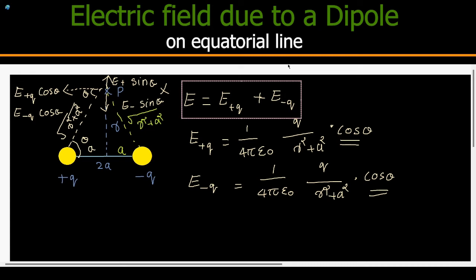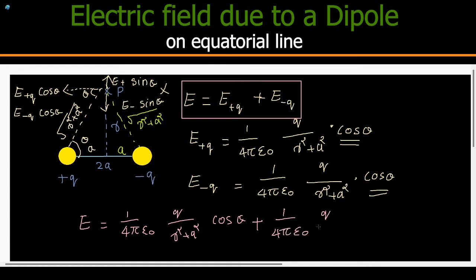So now let us write the equation for the total electric field as E is equal to 1 by 4 pi epsilon 0 Q divided by r square plus a square cos theta, plus 1 by 4 pi epsilon 0 Q divided by r square plus a square cos theta.